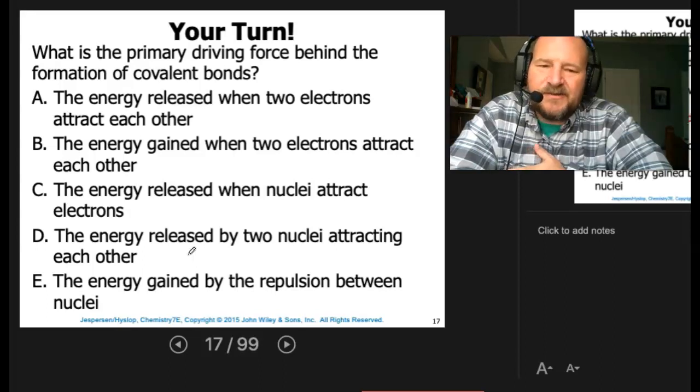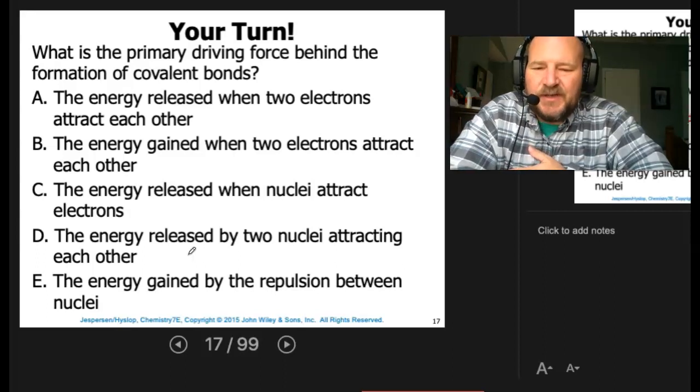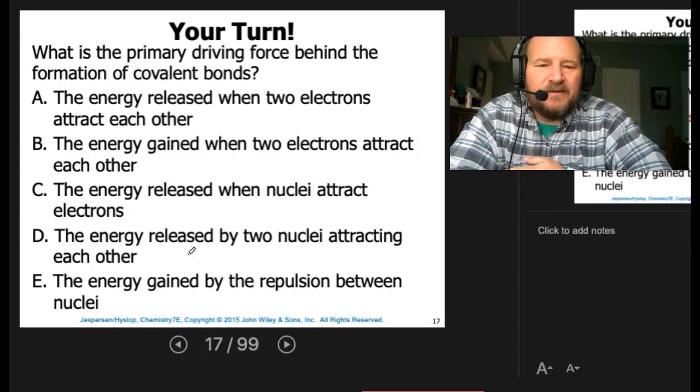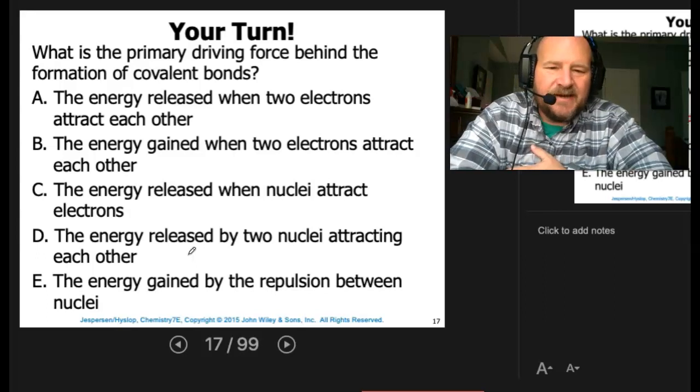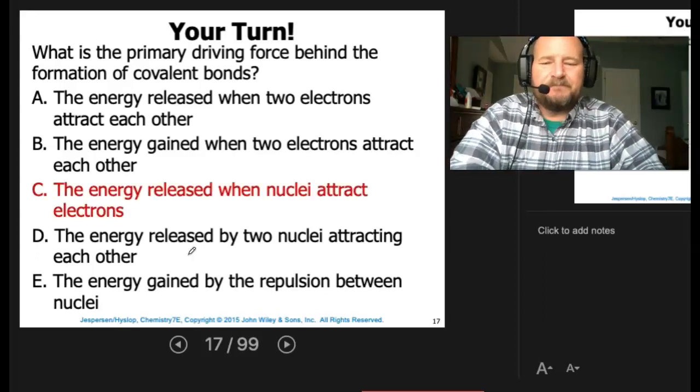See what I did there? Potential energy, distances. Anyway, the energy released by two nuclei attracting each other, that's not going to happen. The energy gained by the repulsion between nuclei. Well, there's no energy gained by that repulsion, right? Because they're going to go back to the area where they don't repel each other anymore. So the answer here must be C.